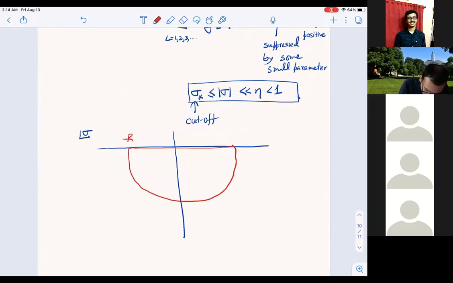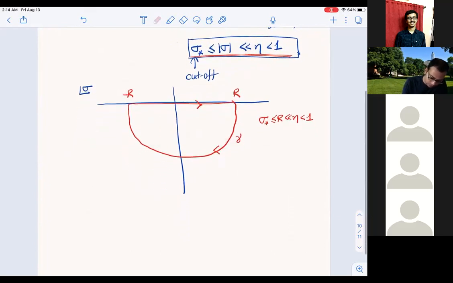So from minus R to R, where R is some arbitrary number which satisfies this condition. And this is the contour. Okay, then I'm going to study this particular contour integral.